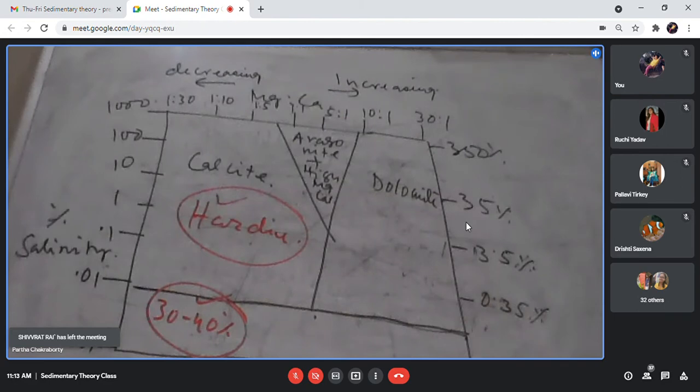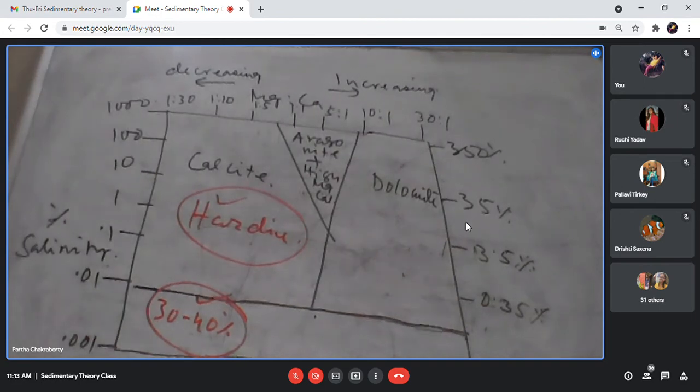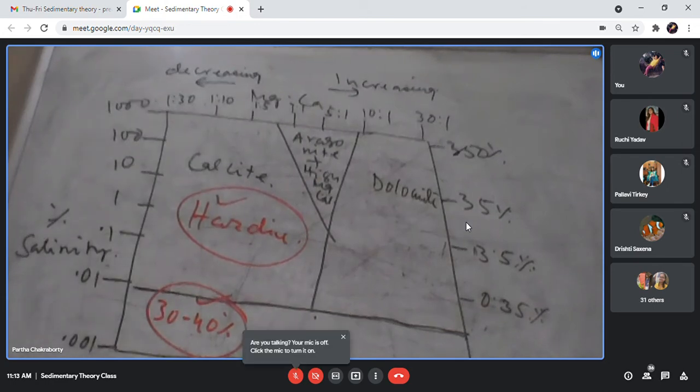So because it is an impure dolomite, the results of this experiment may not be sacrosanct. That is what they say. So I have discussed two models and the arguments against the validity of those models. One is the hypersaline model with the argument, and the other, your schizohaline model, and the argument against.